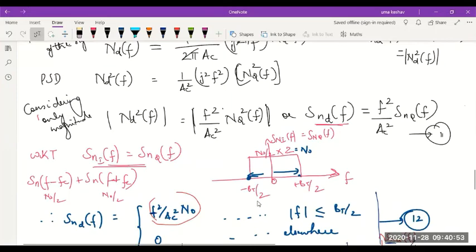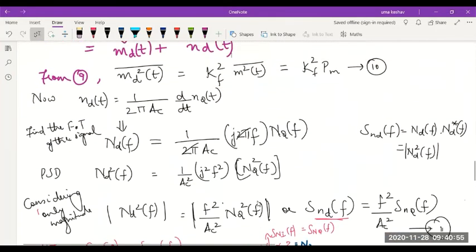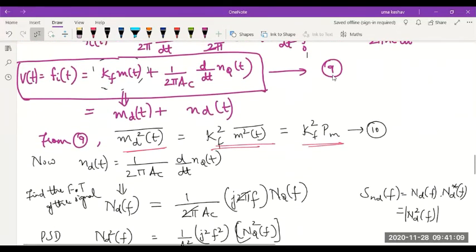Somewhere here, just before this. Yeah, see here, the detected signal power we have already defined as kf square m square t or kf square into pm. We had got this equation, right? We had got the final expression after discriminator as kf m of t plus 1 by 2 pi ac.